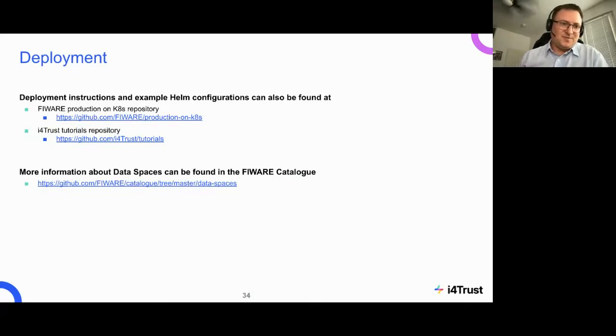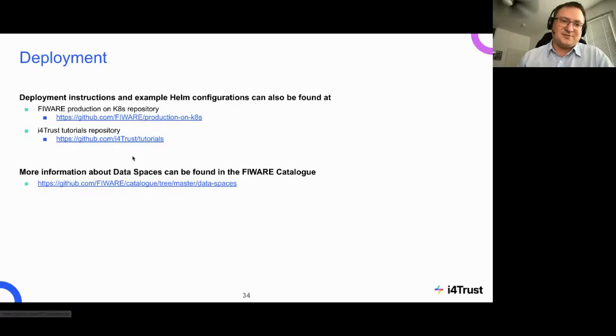Okay, so coming to an end, there are two repositories providing some examples. As I've shown, these deployment instructions have some more information and examples on how to deploy all these components on Kubernetes using the different Helm charts.